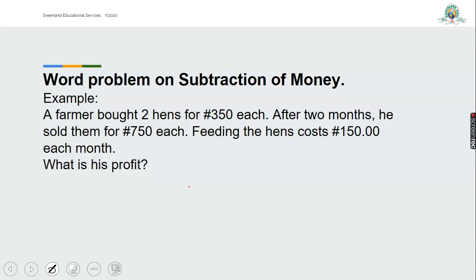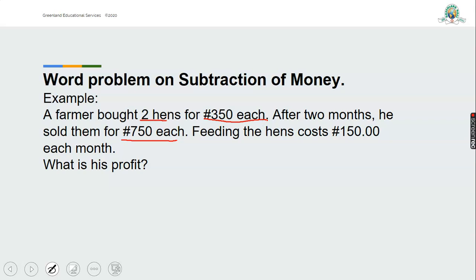Look at this. I'm sure some of you will be smart enough to tell me this answer. Look at this example. A farmer bought 2 hens, not 1, 2. The 2 hens for 350 naira each. 350 naira is not for the 2 hens, but for each of them. After 2 months, he sold them for 750 naira each. Take note of those figures.